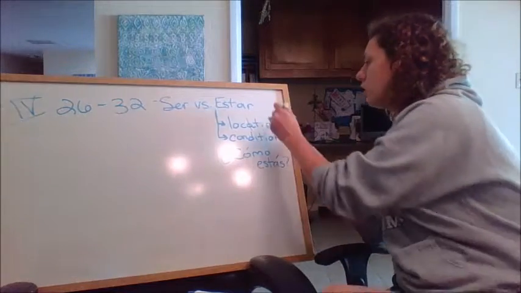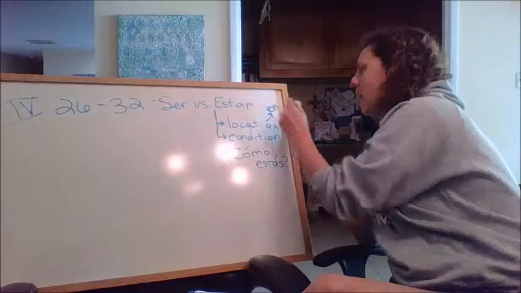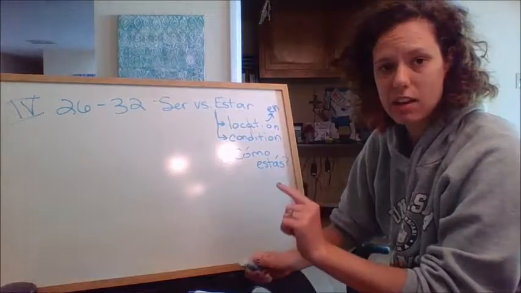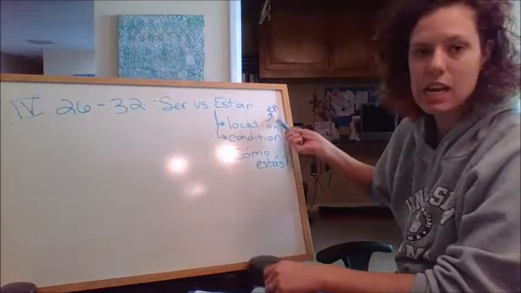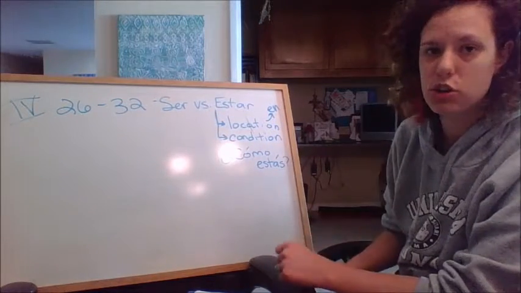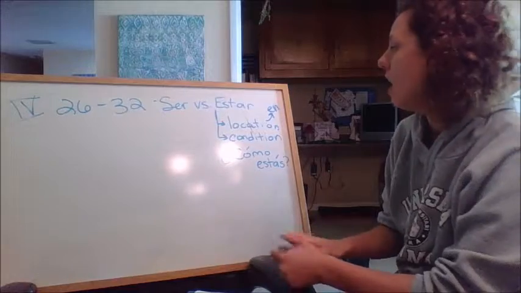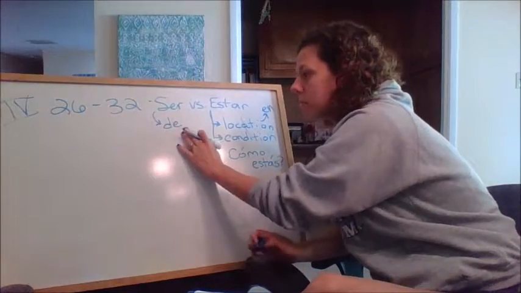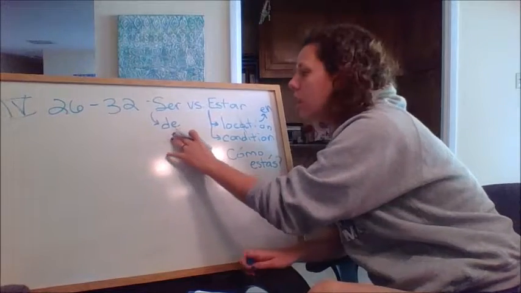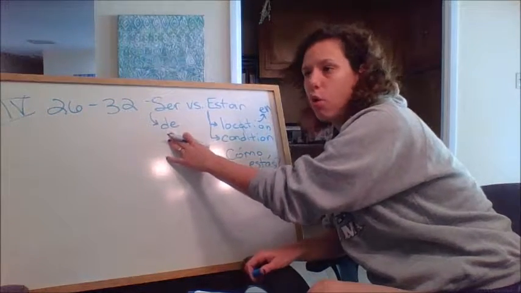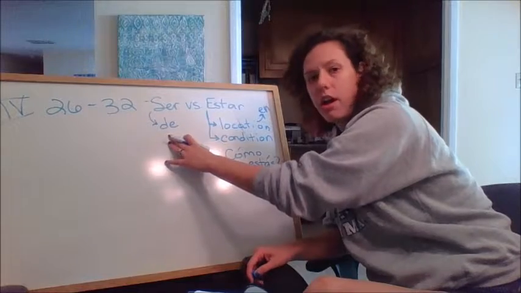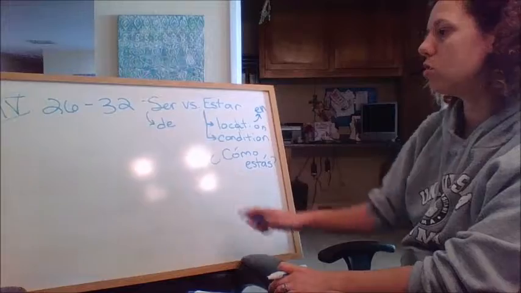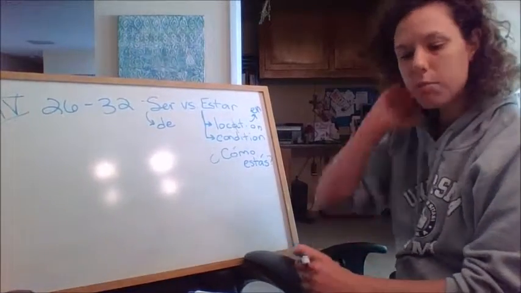Location, a key word that we look for is en. If you have blank and then en, this means in or at, so that's a location. So that's a really big tip-off. If you have a blank and then de, that's probably made of or they're from or a relationship, mother of John or something like that. So those are some key things that you can look for. So you're going to have a blank.